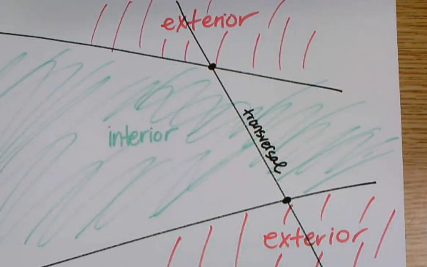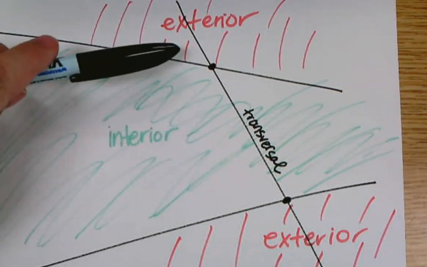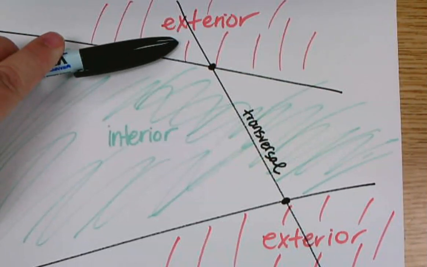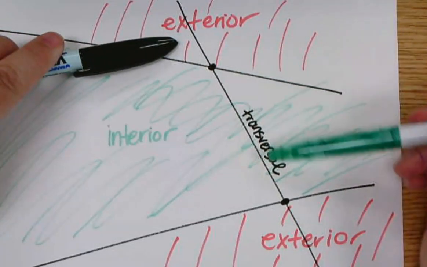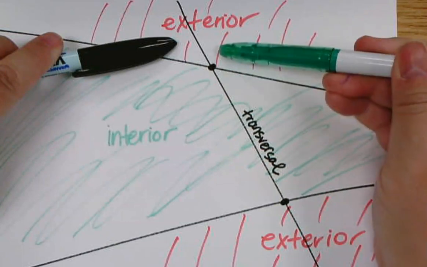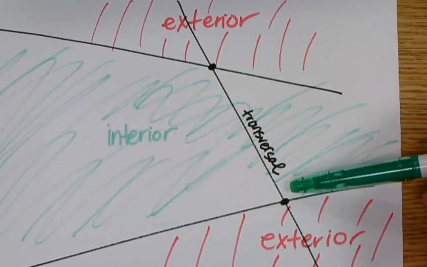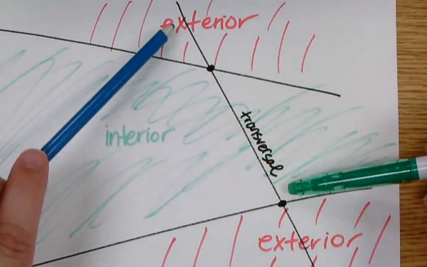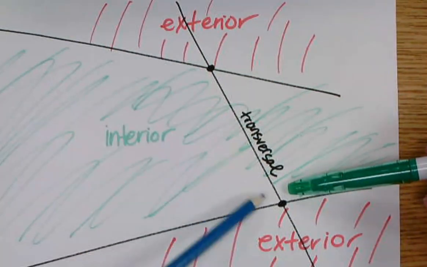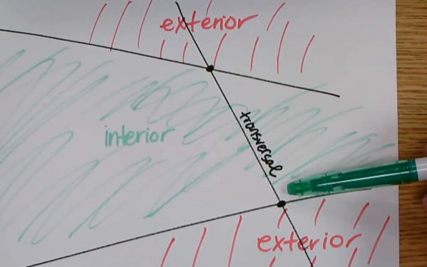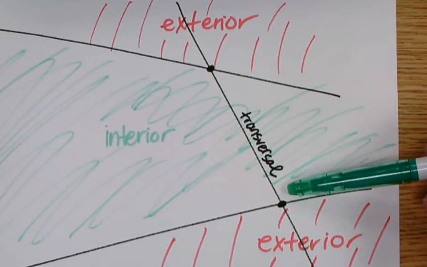So for instance, if I said something about alternate and I was talking about this angle, the only ones I could be talking about would be these over here, because I have to be on the other side of this transversal line. If I said something about alternate and I was talking about this angle, the only ones I could possibly mean might be over here somewhere. So alternate means it's on the other side of the transversal, and same side means it's on the same side.